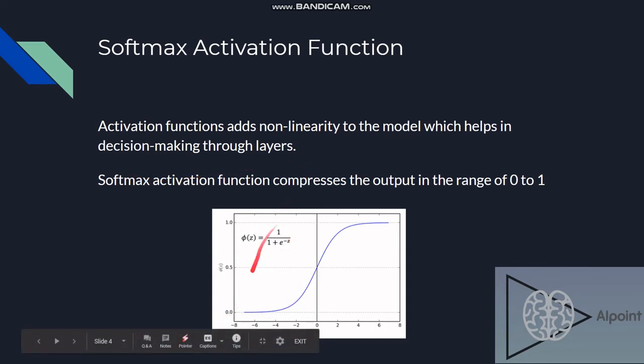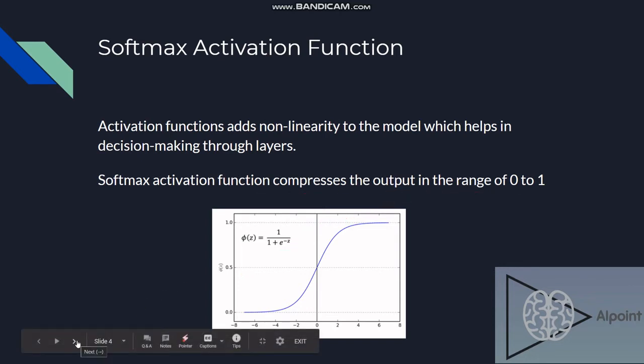Let us suppose we don't have this sigmoid activation function. We are representing minus infinity to infinity. We cannot retrieve any information if this graph is a straight line, right? With this curve, or non-linearity, we are able to understand the data more accurately. The sigmoid activation function compresses the output in the range of 0 to 1.